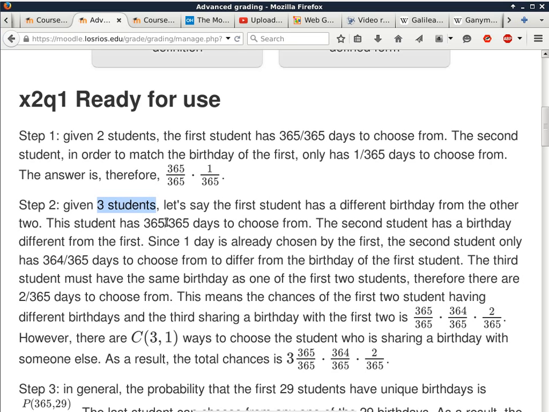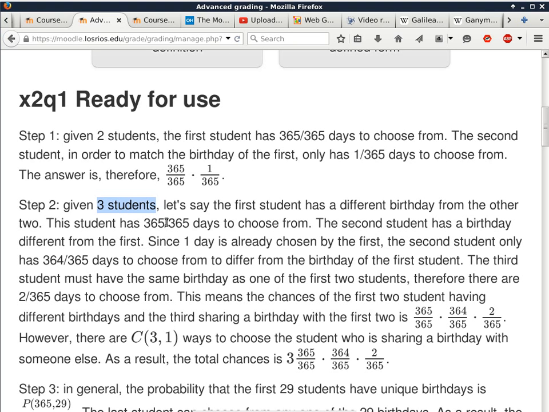Okay. Now for student B, I want student B to have a different birthday from student A. So student B now has a constraint: one fewer day, because one day is already picked by student A. So student B has 364 out of 365 days to choose from. Is that part okay so far?